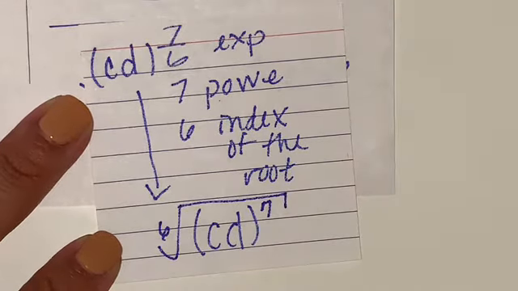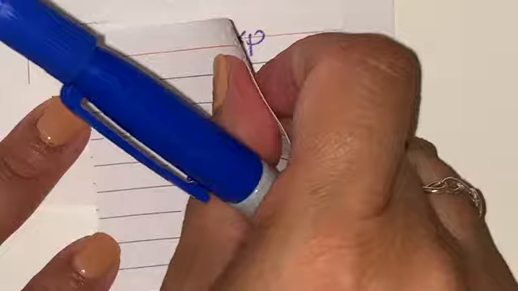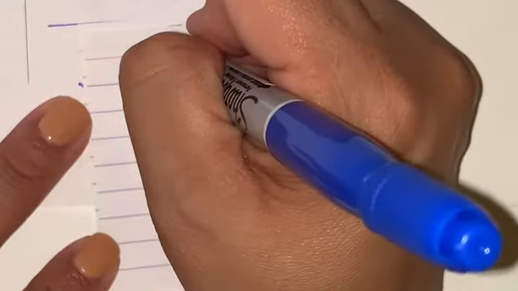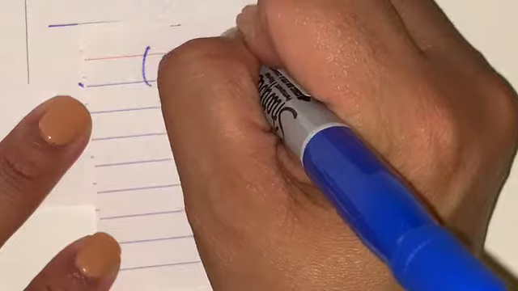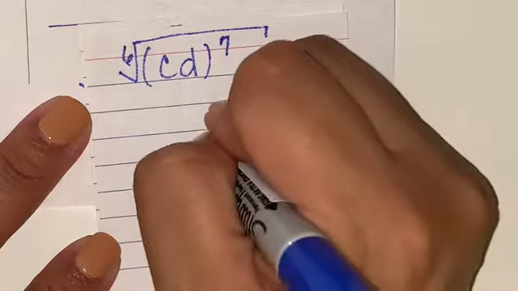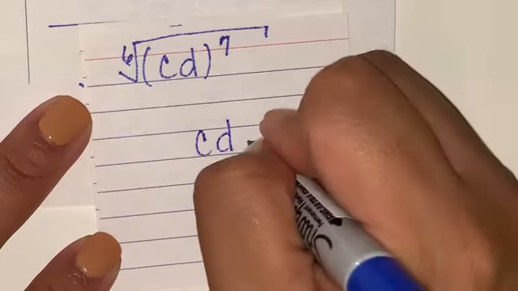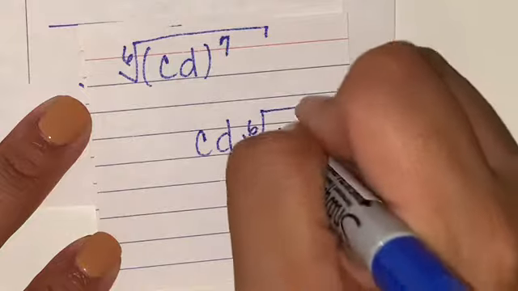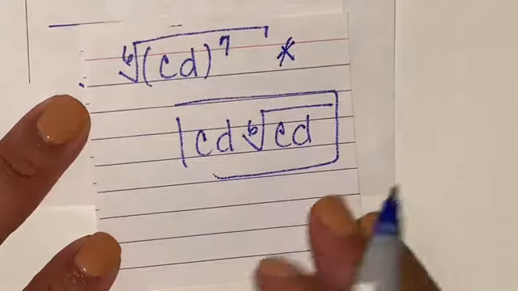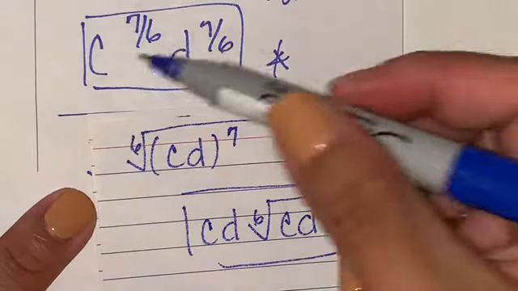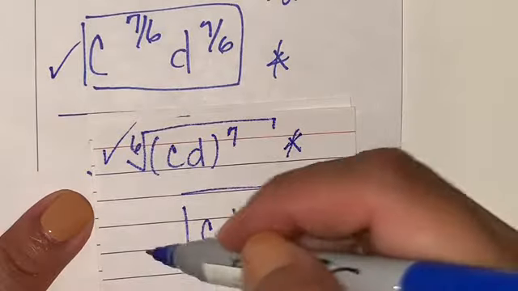Okay, and then if I needed to simplify that even further, I would say CD, because I had a group of 7 of them, and again the 6th root, it would be CD, 6th root, CD. So both of these, or actually all of these, are acceptable. That's an answer, and that's an answer.